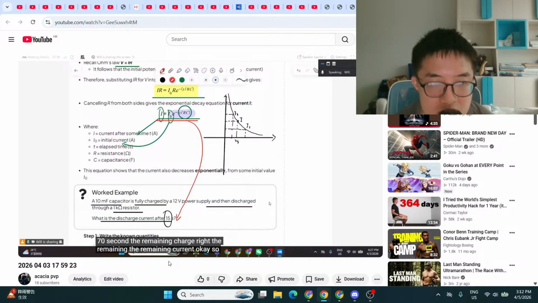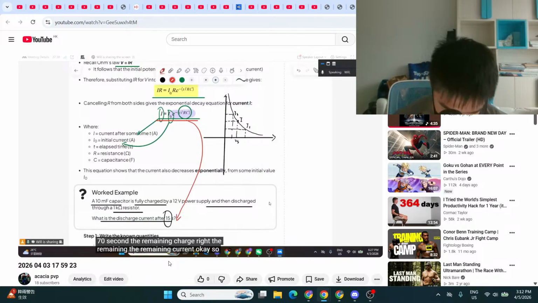We have the resistance, and this is discharging, so the initial potential difference is the maximum potential difference. 12 volts equals IR.